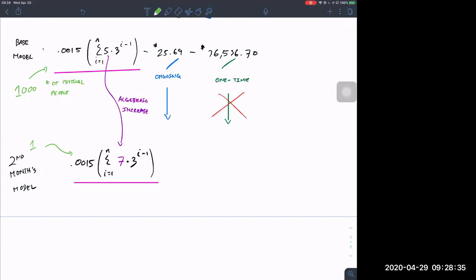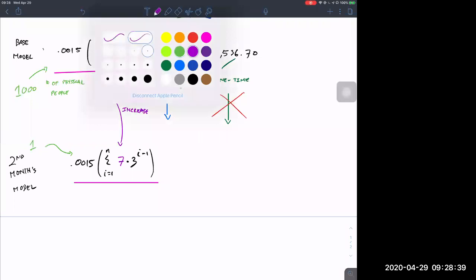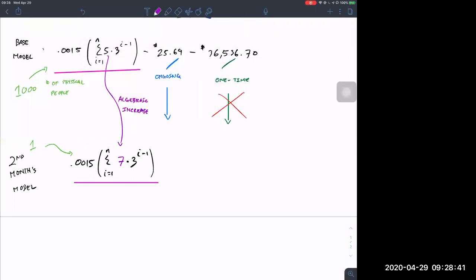It may have been confusing when I was presenting it, but the algebraic increase effect is because the numbers are increasing. However, that doesn't discount the fact that if you see more people with the first model summation versus the second one, you're gonna make more physical money. So don't ever confuse the effect of the model with the actual outcome of your dollar amount.